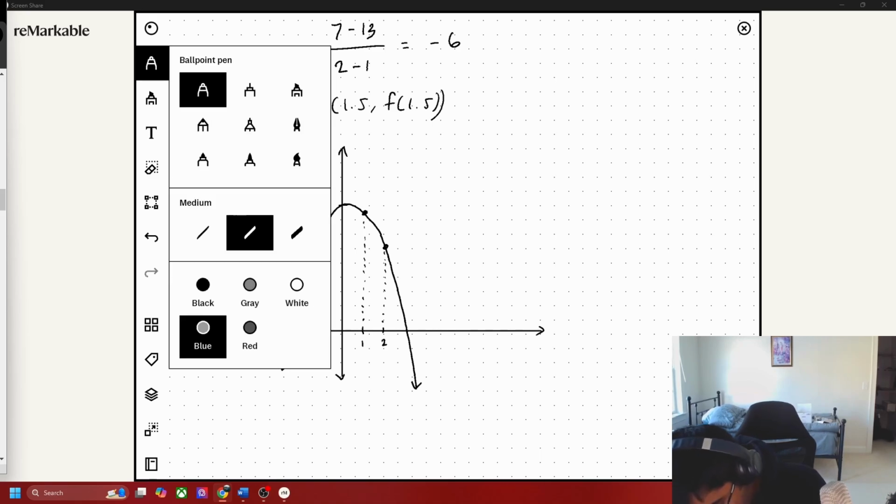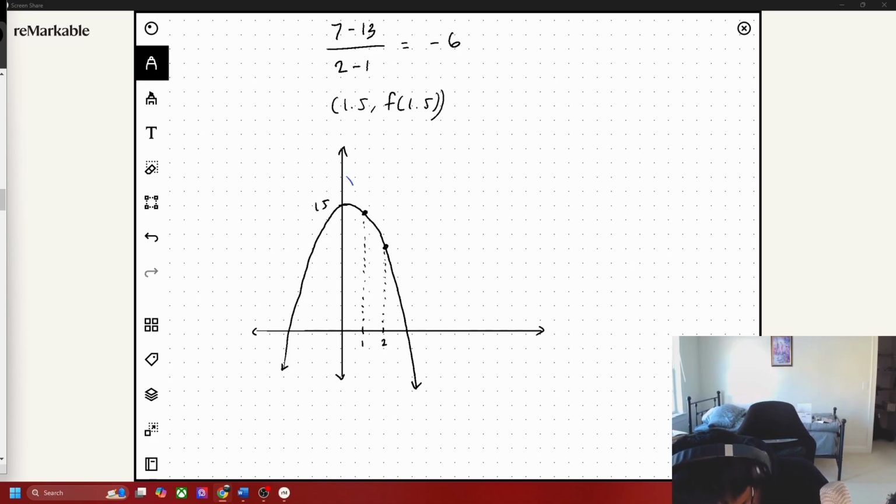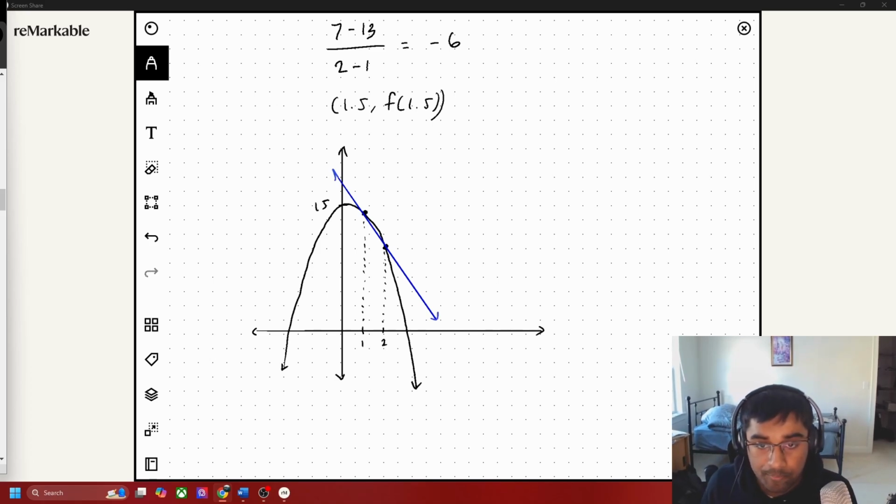And if you draw the line between them, that is not a very good line. One second. There we go. See, we've drawn the line between them like that.